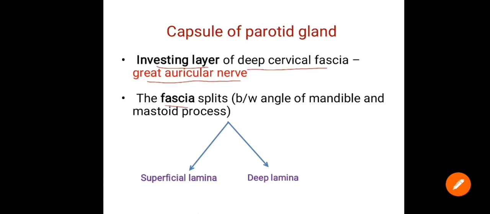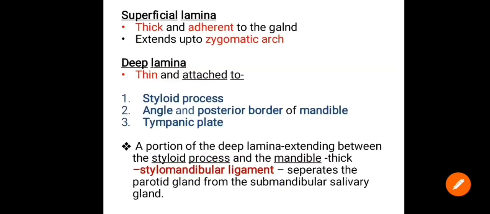Now the fascia splits into two parts. It splits into a superficial lamina and a deep lamina. Now let's see a little more about each of them. The superficial lamina is thick and adherent to the gland and it extends all the way up to the zygomatic arch, whereas the deep lamina is thin.